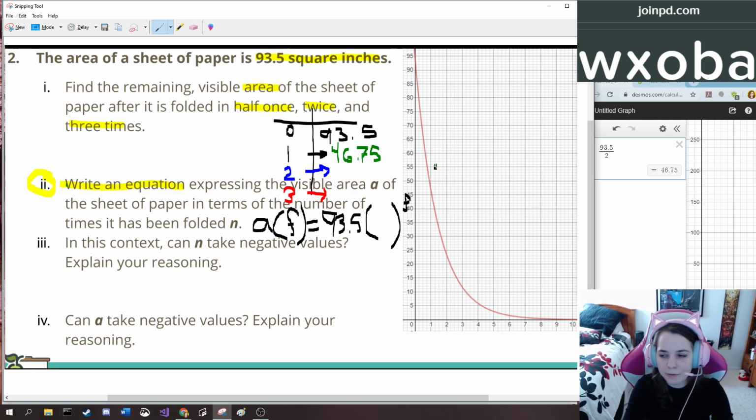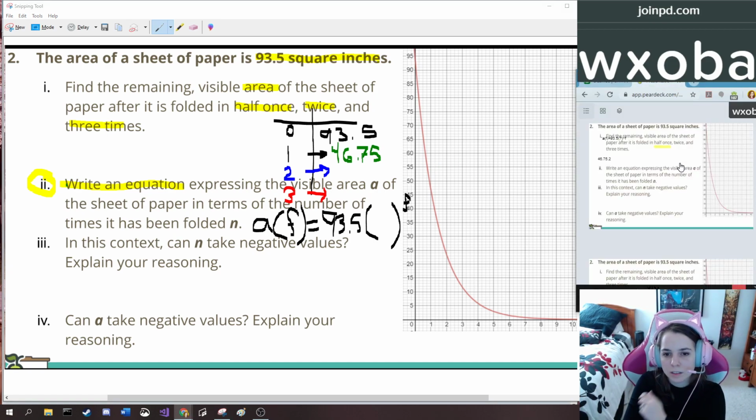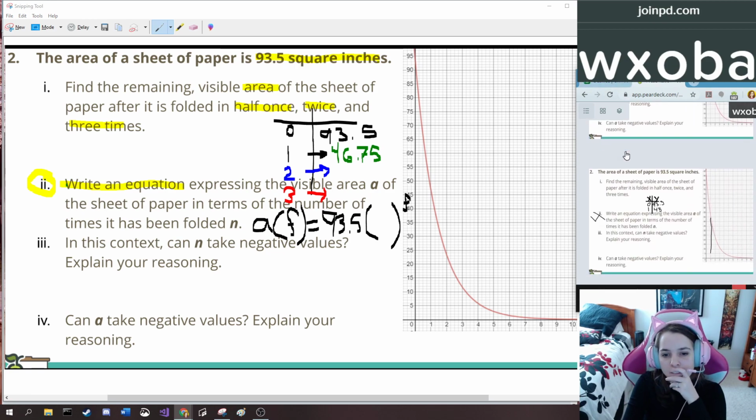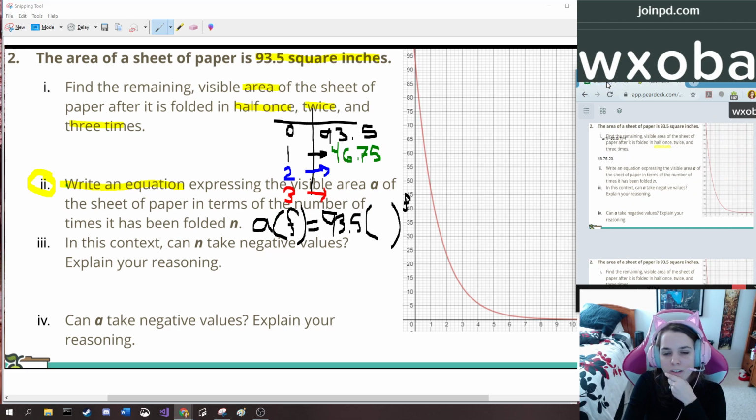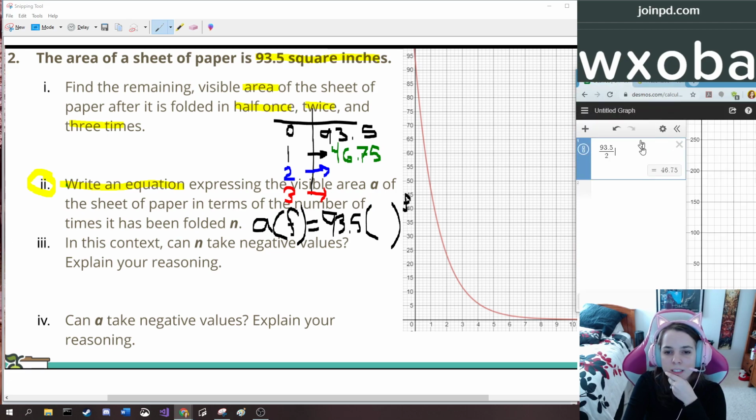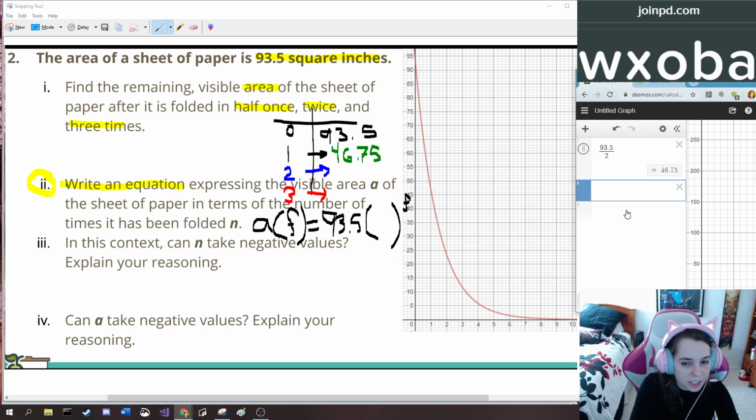So now my area of my paper is 46.75. If I fold it in half again, what's my new area? Okay, so I'm seeing something in the 23s.